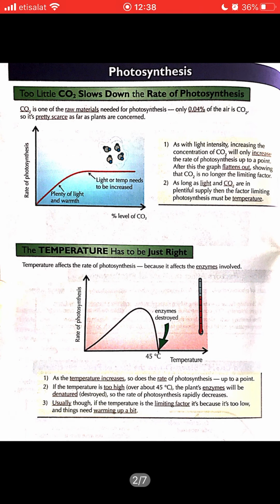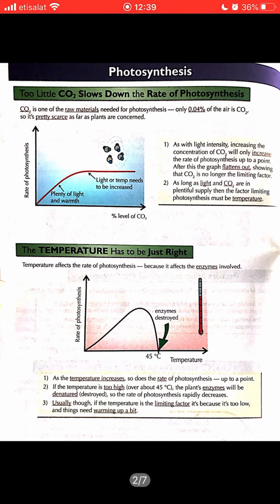You can see as we increase our carbon dioxide concentration, our rate of photosynthesis increases until that line flattens out again. Remember what that line flattening out tells you? Carbon dioxide is no longer a limiting factor, something else is, and that something else is going to be either your temperature or your light intensity. So carbon dioxide and light intensity graphs are exactly the same shape. Your temperature one is slightly different.